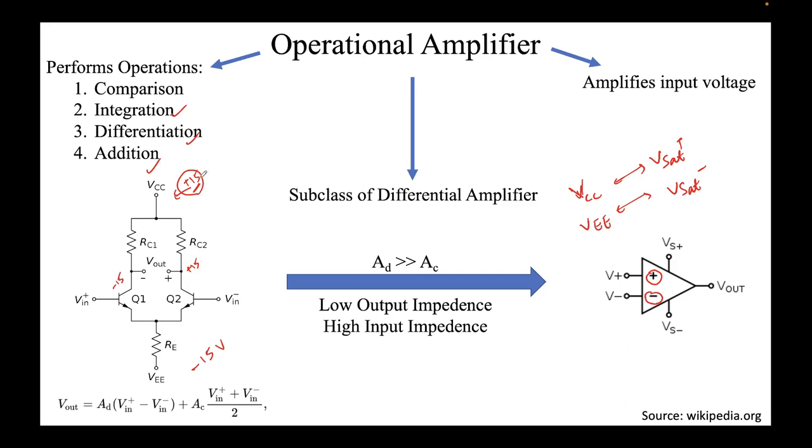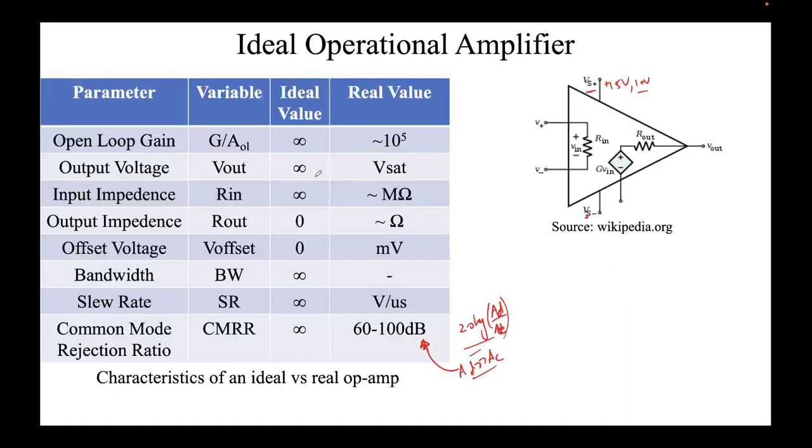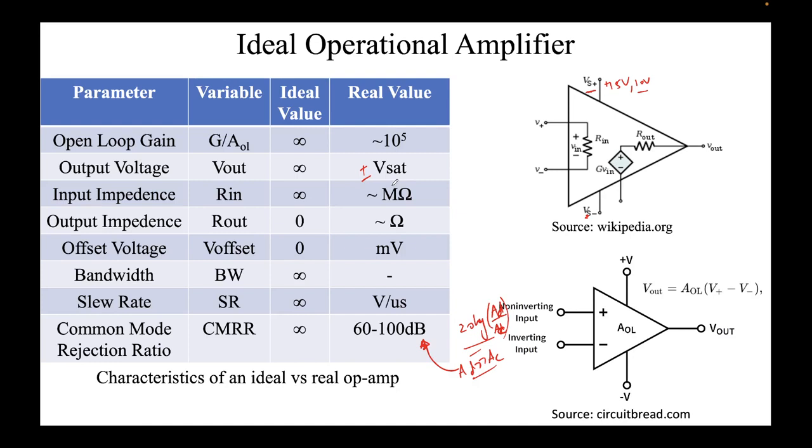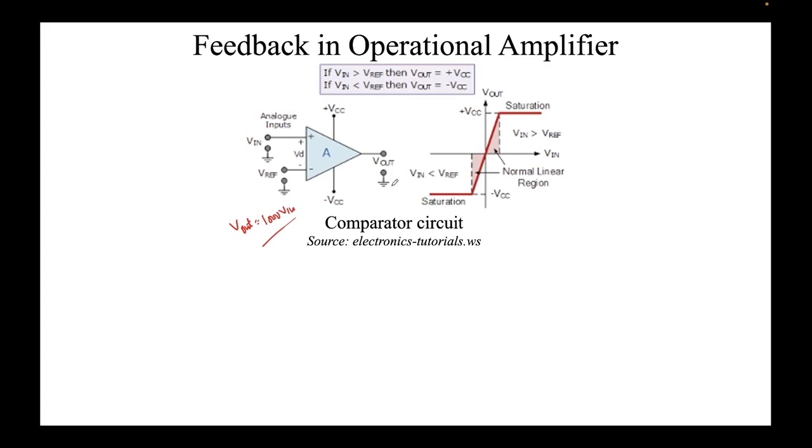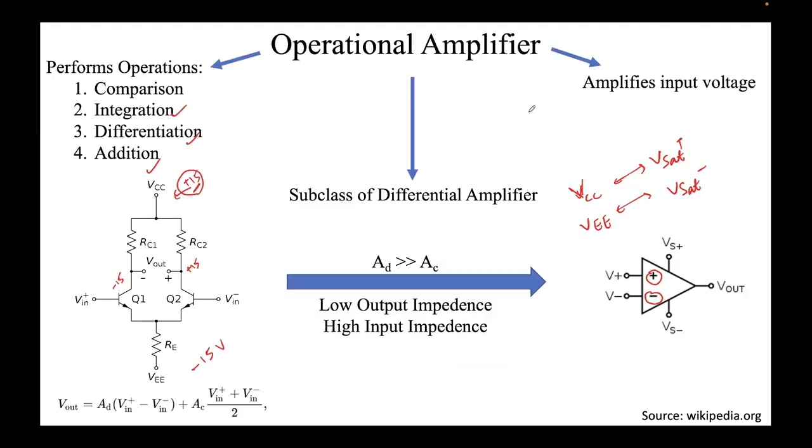So the maximum output is plus or minus VSAT, plus VSAT on the positive side and minus VSAT on the negative side. That's what we mean by saturation voltages. Even if you apply whatever input voltage, you cannot go beyond saturation, because otherwise the BJTs in this circuit will stop conducting beyond 15 or minus 15 volts. That's the idea here.